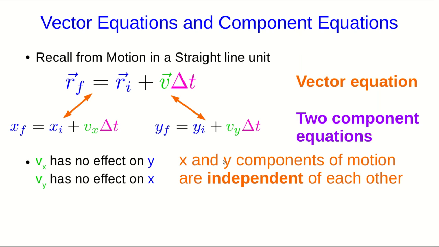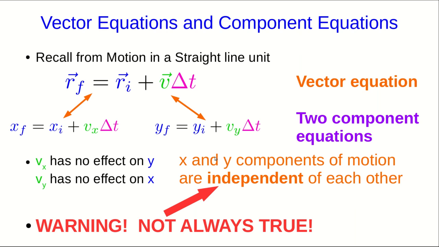Now, I will warn you that this is not always true. However, the cases where it's not true are very complicated, and we're not ready for them yet. And furthermore, how to tell whether the x and y components of motion are independent of each other is also very complicated.